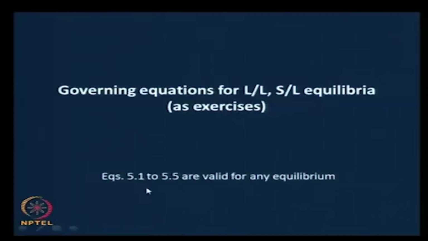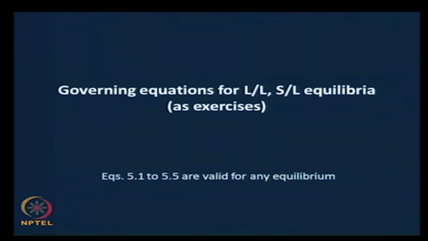Therefore mu1 alpha equals mu1 beta equals mu1 gamma and so on was equation 5.3, mu2 alpha equals mu2 beta equals mu2 gamma, equation 5.4, mu3 alpha equals mu3 beta equals mu3 gamma and so on was equation 5.5. These are the 5 fundamental equations that are necessary for the thermodynamic equilibrium in any system. We need to keep this in mind and we need to develop it.